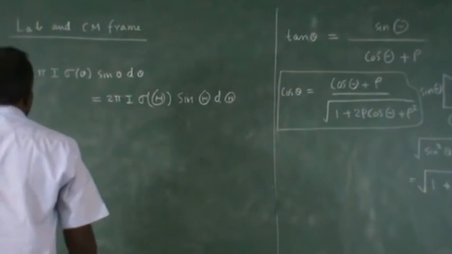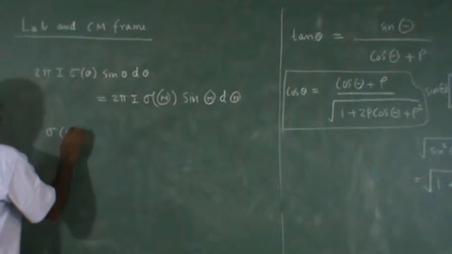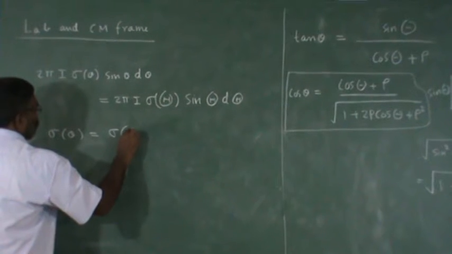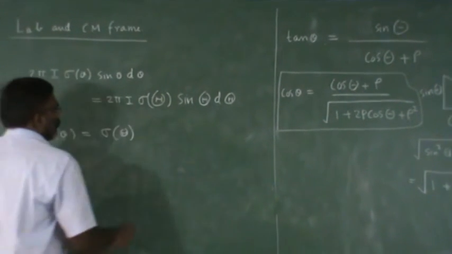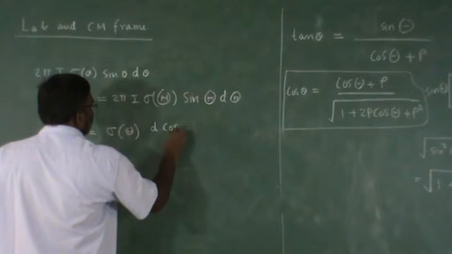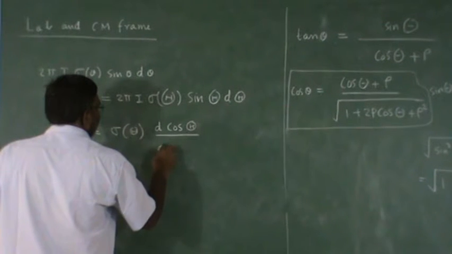Which tells you that sigma of theta is equal to sigma of theta into d cos theta by d cos theta.